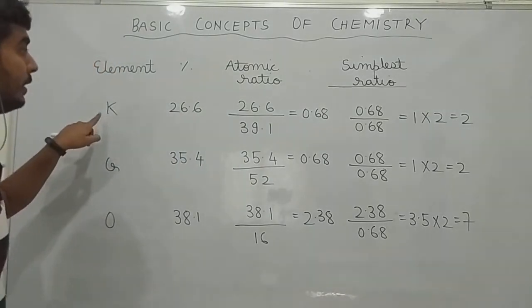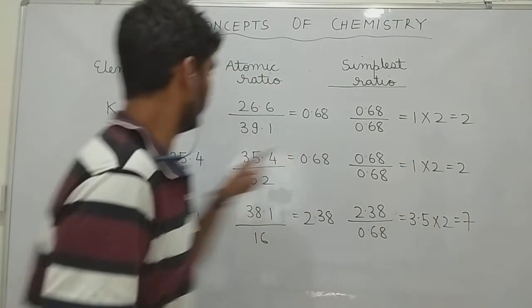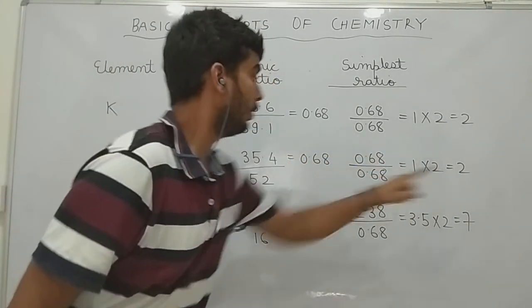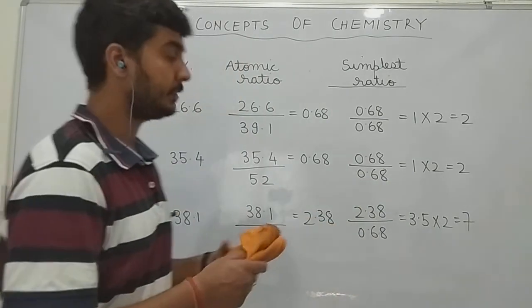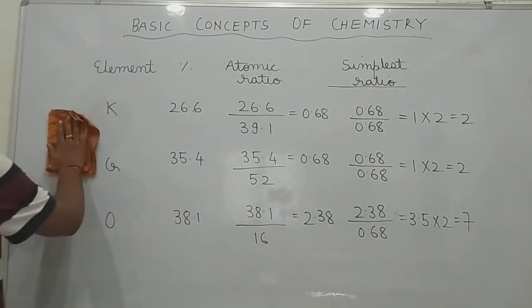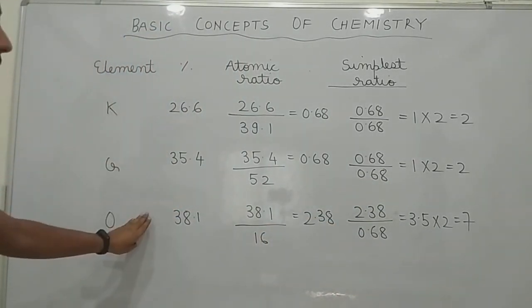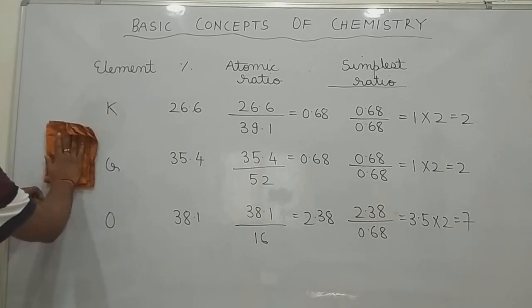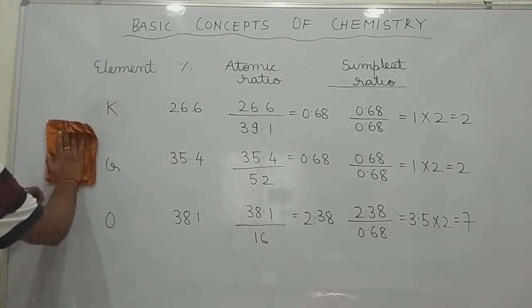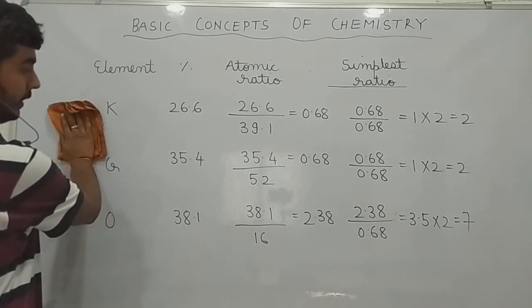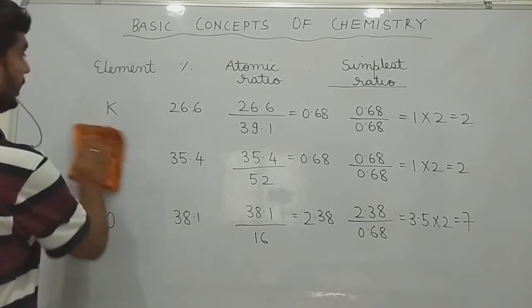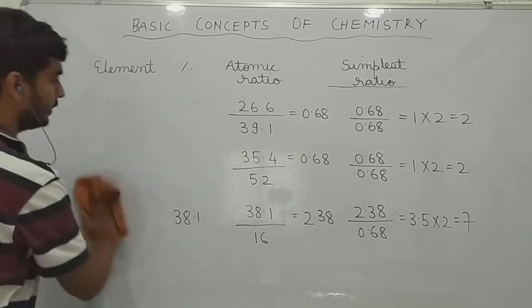So the empirical formula will be K2, Cr2 and oxygen 7 according to the simplest whole number ratios. Kindly see this.